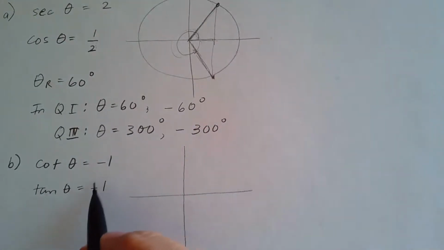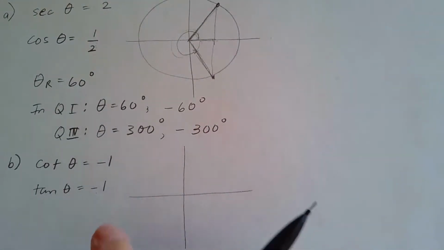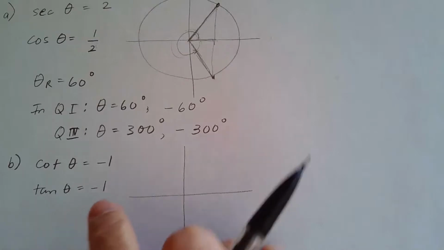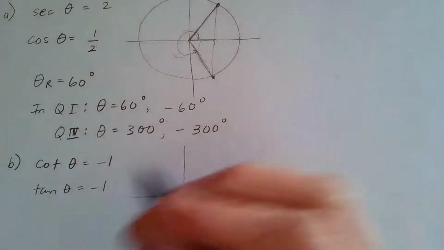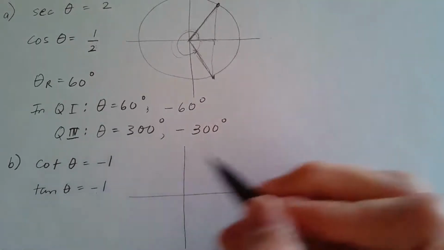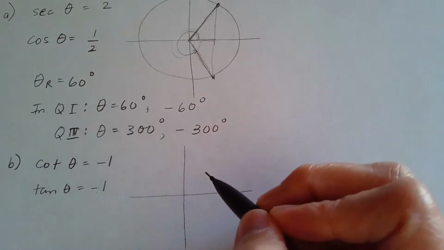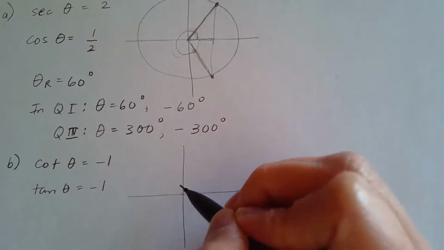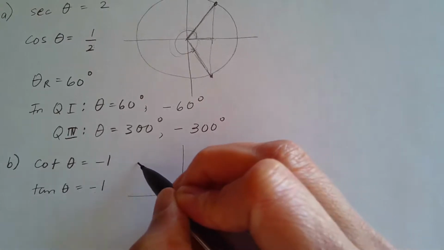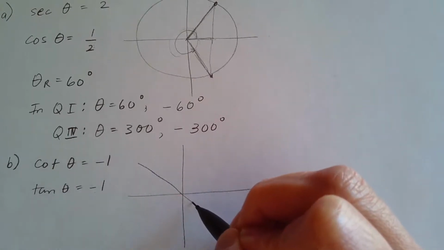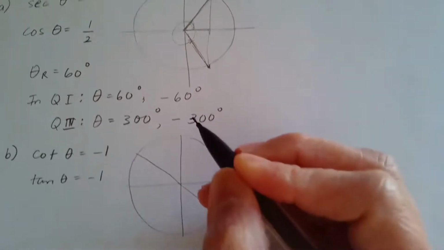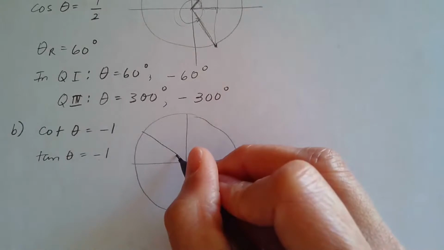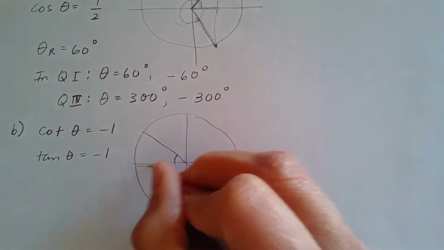I have to remember that tangent is sine divided by cos. And because it's a -1, tan is negative in quadrants 2 and 4. One has to be negative and one has to be positive.